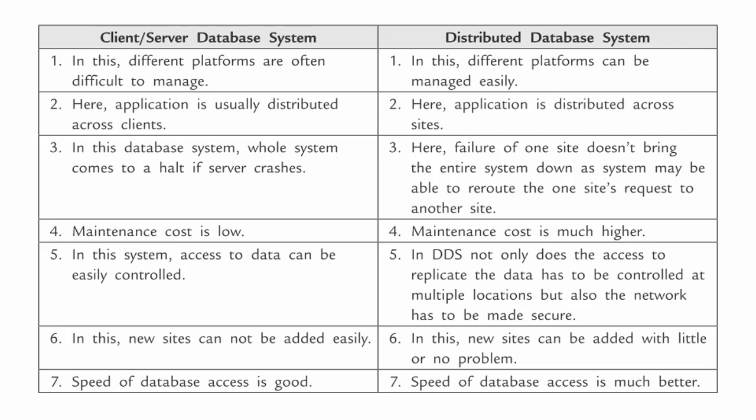And the last differentiation is about database access speed. For client server, database access speed is typically good with a centralized server. Meanwhile, for the distributed database system, the access speed can be significantly faster due to data being distributed closer to the users.